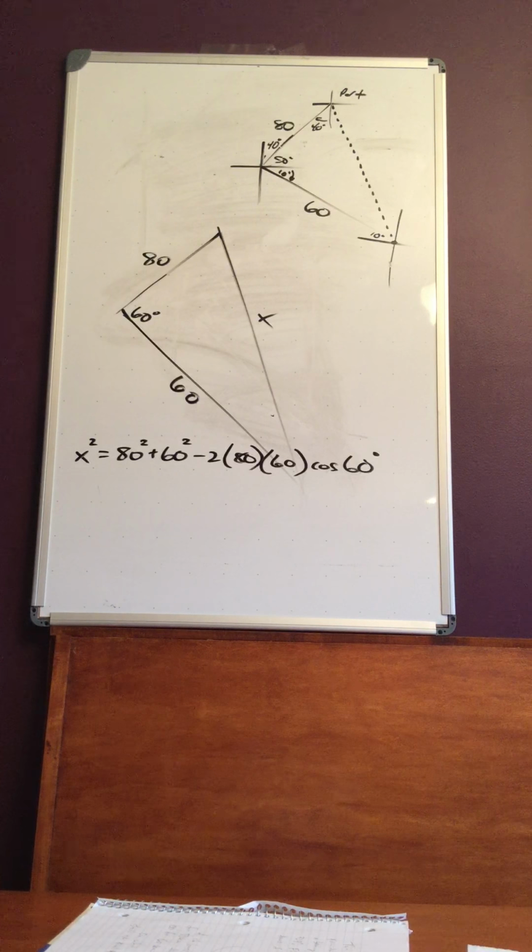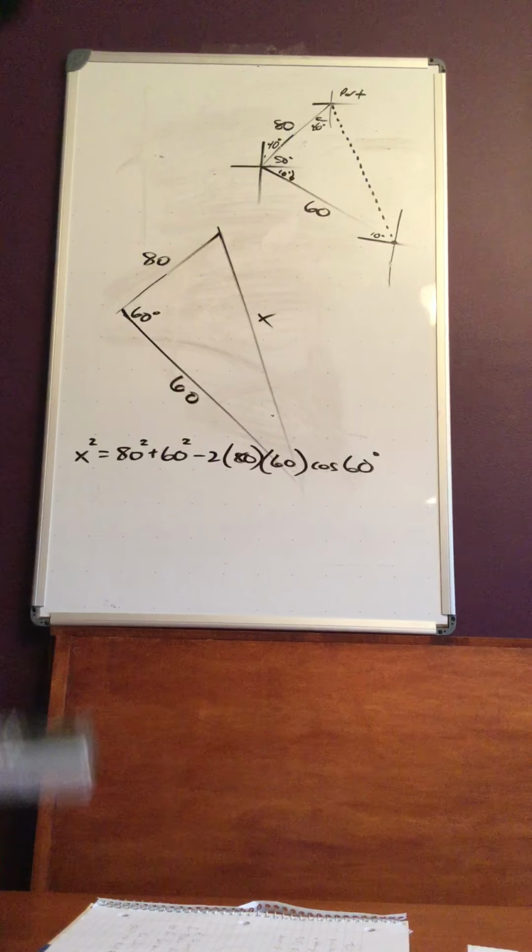Eli, do you have it? I am crunching 80 squared plus 60 squared minus 2 times 80 times 60 times cosine of 60 degrees, and it is 5,200.